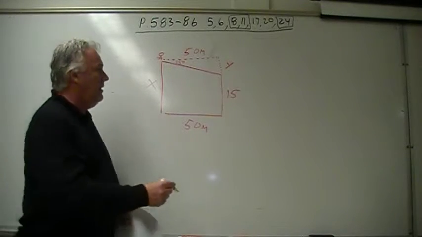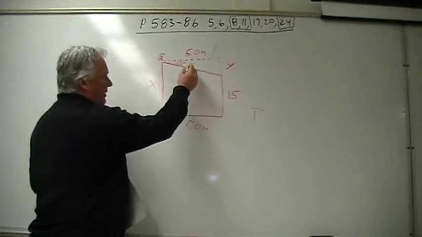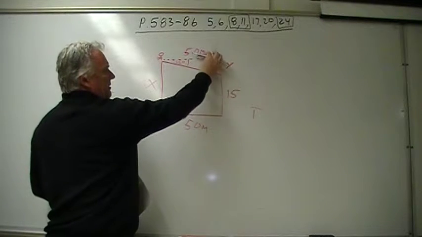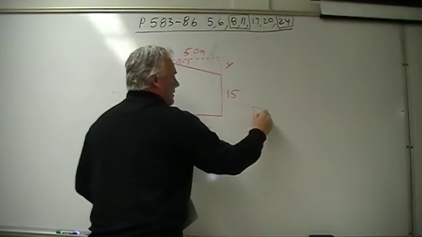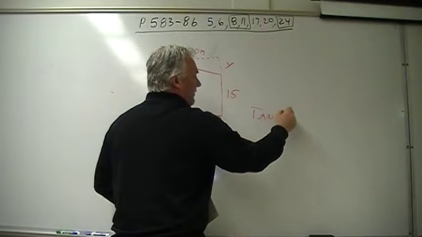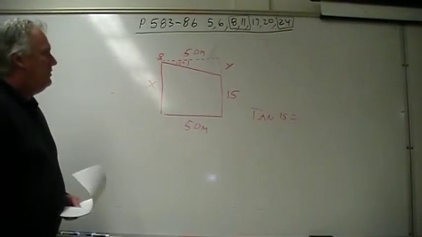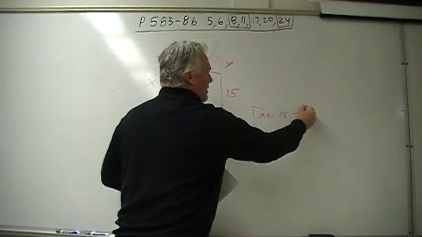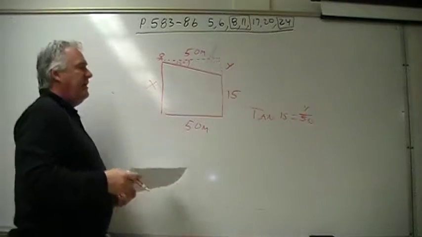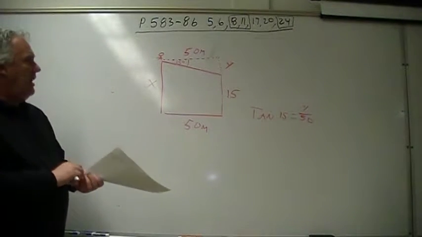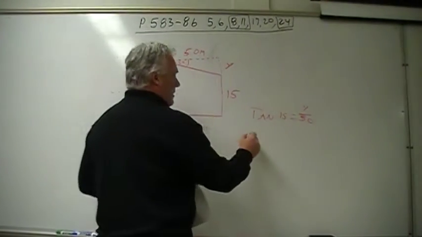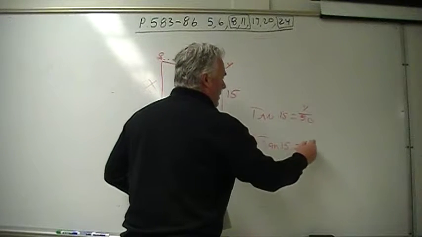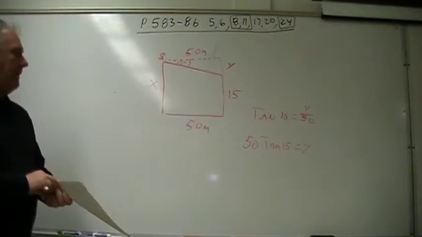And so for this one, we're going to use the tangent ratio again right here, because tangent is opposite over adjacent. So tan 15 is equal to opposite over adjacent, so tan 15 is equal to y over 50, and that's going to equal y.